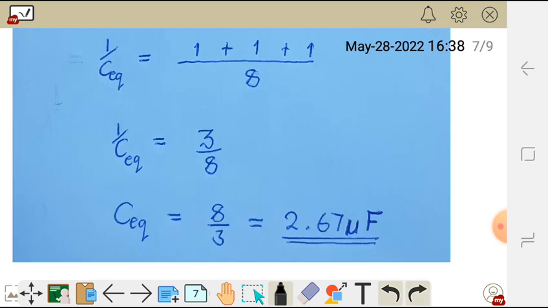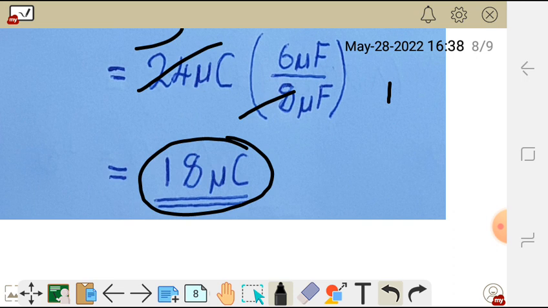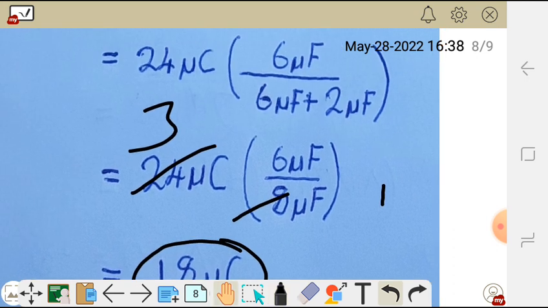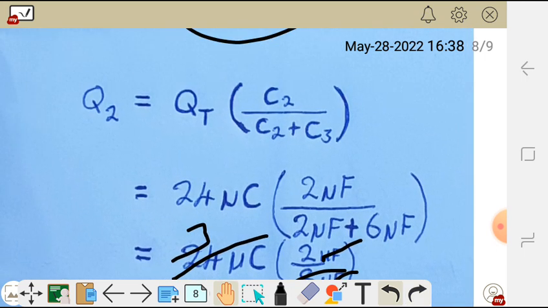The charge flowing here is equal to the charge flowing here. Here we found it is 24, so even here it is 24. If you combine the two, it should also be 24. That is, if you add the charge for Q3 and Q2, it should give you 24.